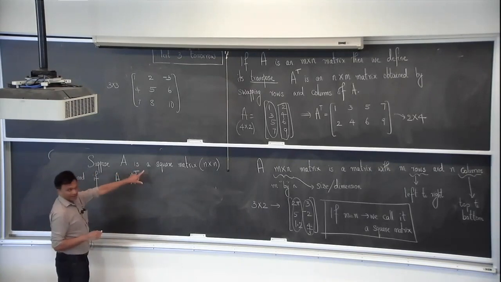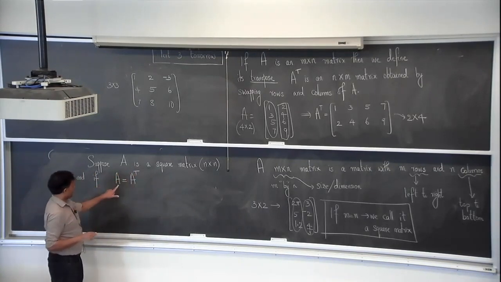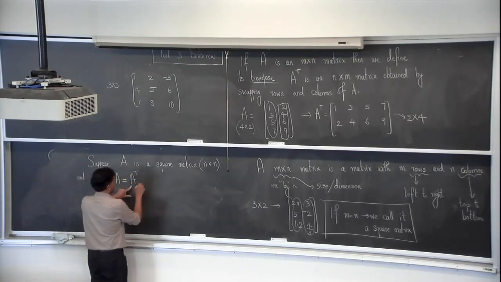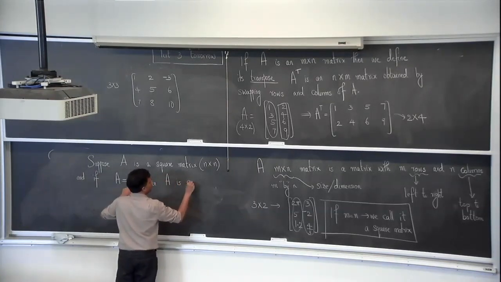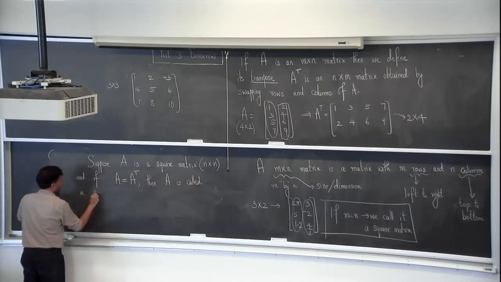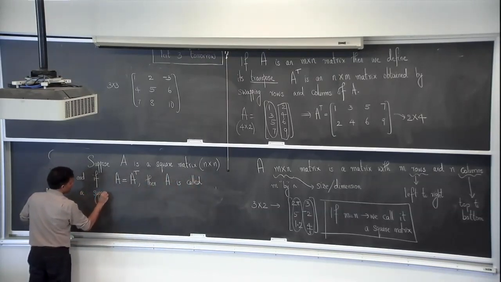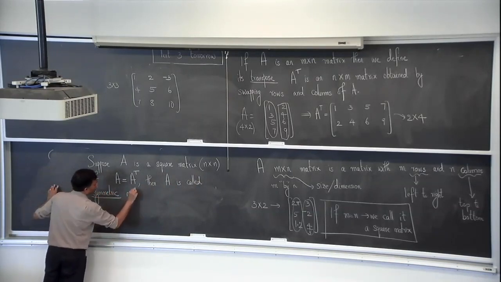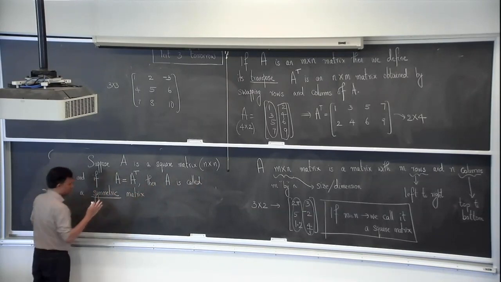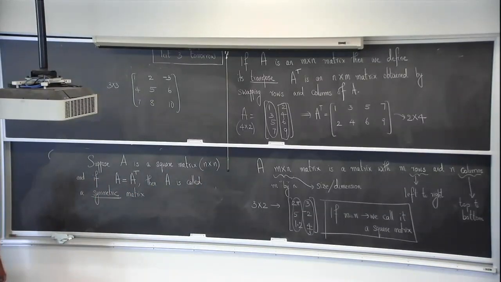So it has to be a square matrix in the first place, and if the matrix is equal to its transpose, then A is called a symmetric matrix. Because of its symmetric appearance, that is why we call it a symmetric matrix.